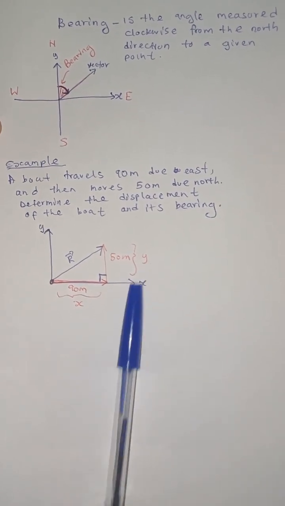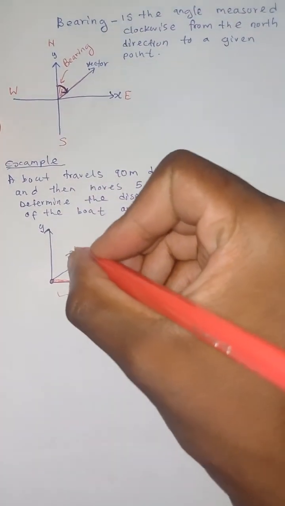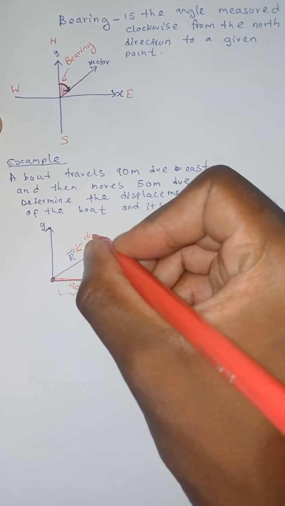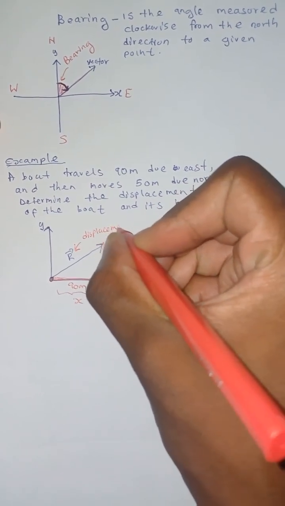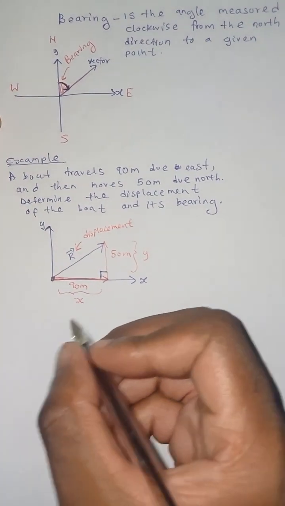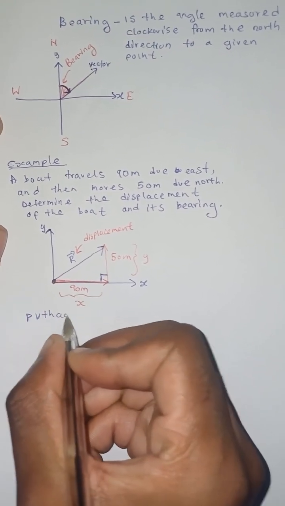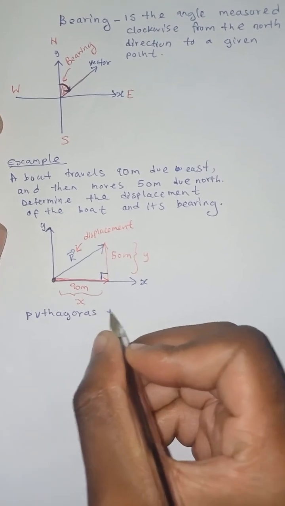So the displacement is the resultant. So in this case, this is the displacement. The displacement is the resultant. Therefore, we're gonna use Pythagoras theorem.